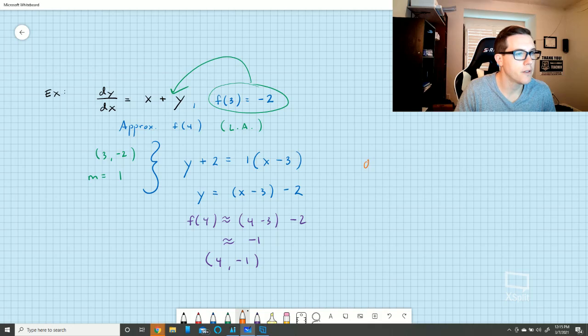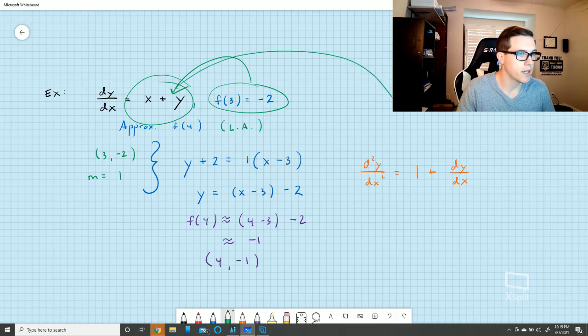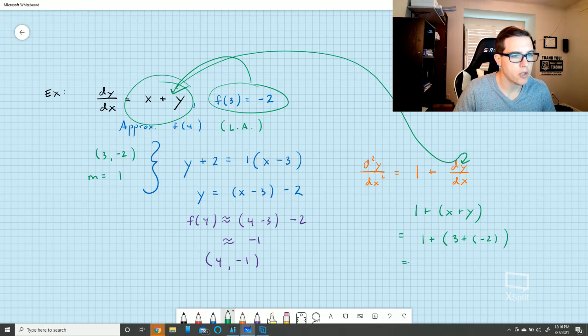Let's take the second derivative, so d squared y over dx squared is, derivative of x is 1, don't forget the 1. Derivative of y is also 1, but you took the derivative of a y term, so dy dx. And then we can't have dy dx, so plug dy dx in, for what it is, 1 plus x plus y. And that gives us 1 plus x, our original x, which is 3, plus original y, which was -2. And we get 3 minus 2 is 1, 1 plus 1 is 2, positive, so concave up, which means the graph goes like this. Our linear approximation was under.